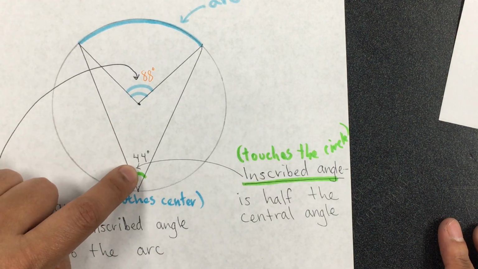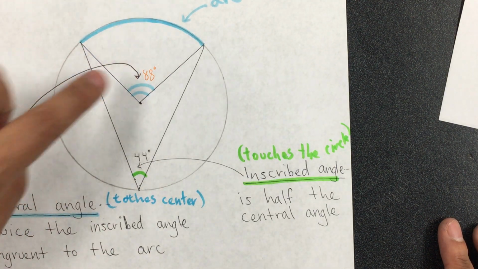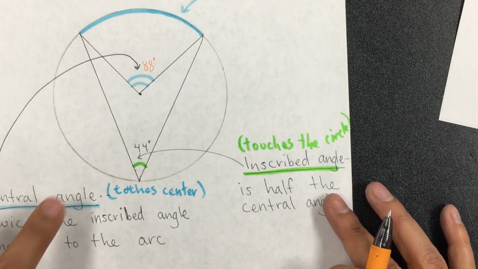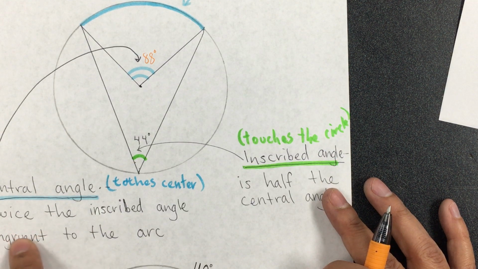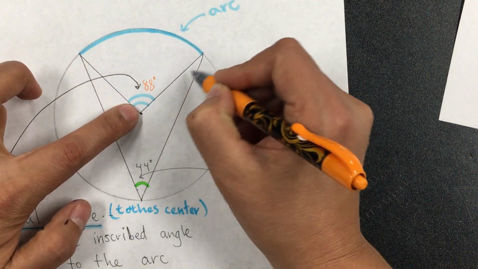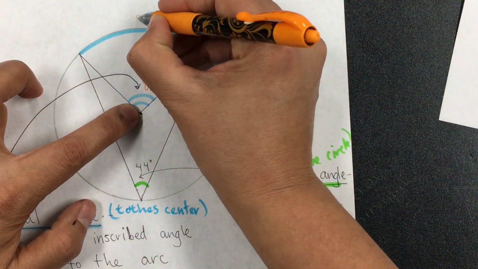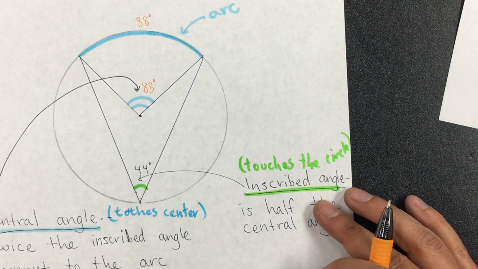Okay, the inscribed angle is 44, central angle is 88. The central angle is always congruent to the arc. So if it's in the center, these two will have the same measurement. So this is 88, this also will be 88.